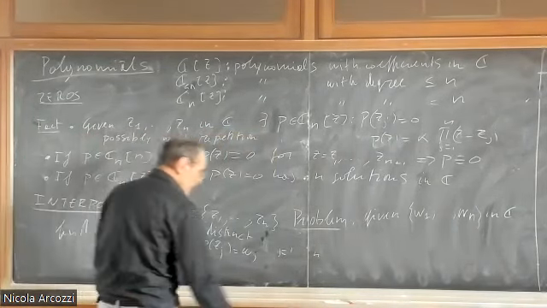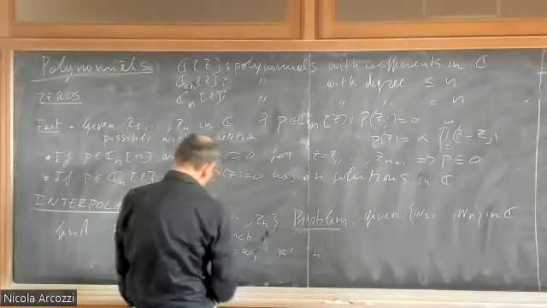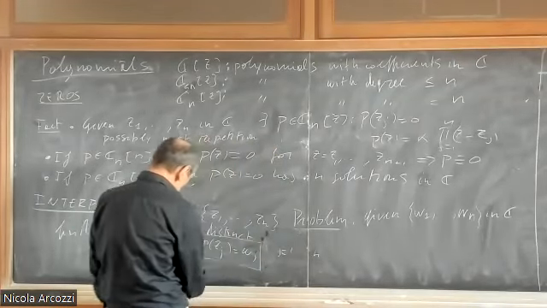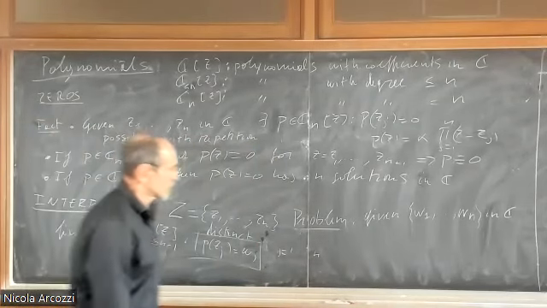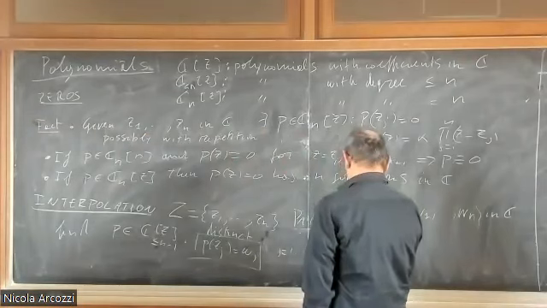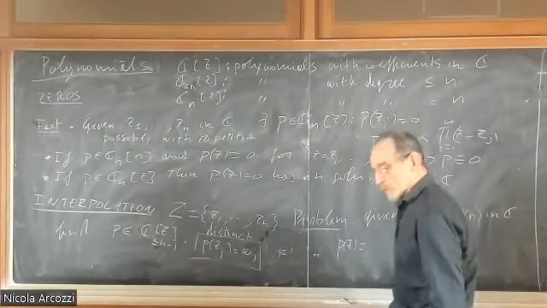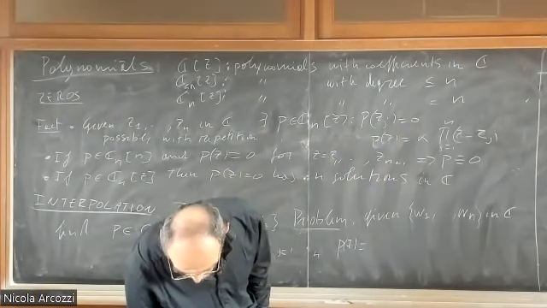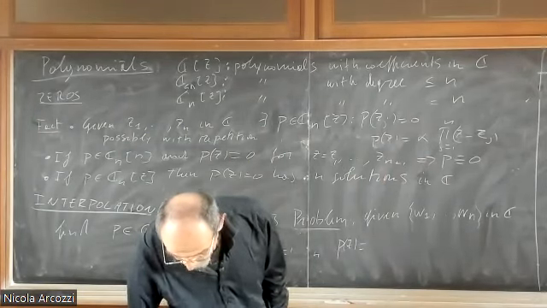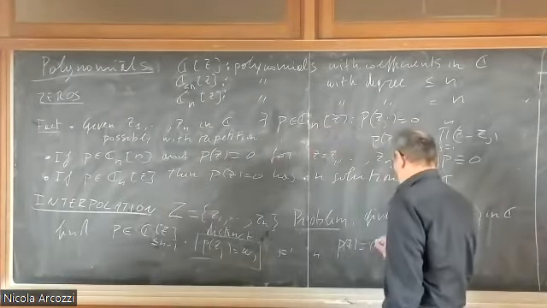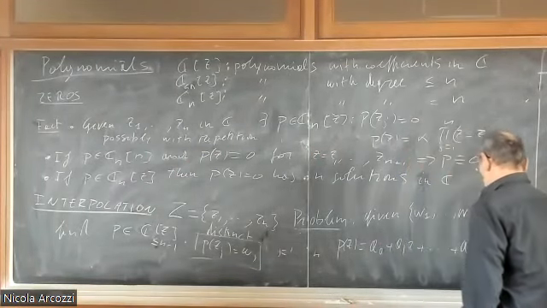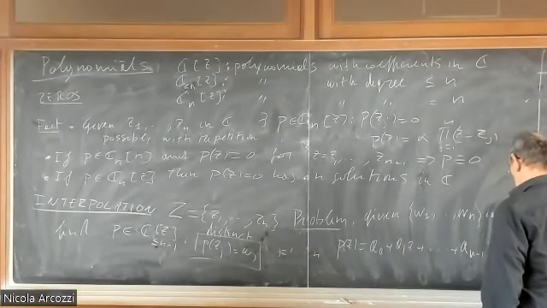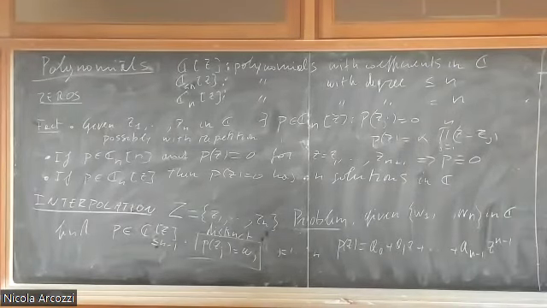That's our interpolation problem: to find a polynomial of degree less than or equal to n-1, which means the polynomial will be a0 plus a1 z plus ... plus a(n-1) z^(n-1).